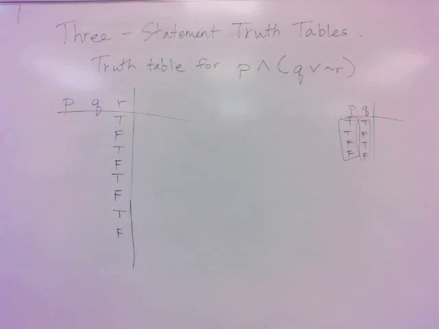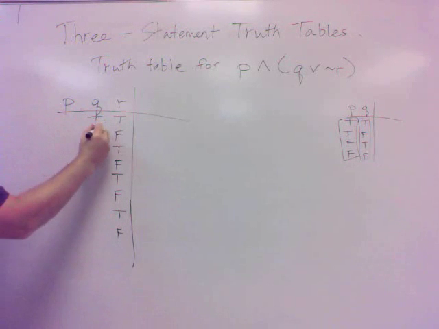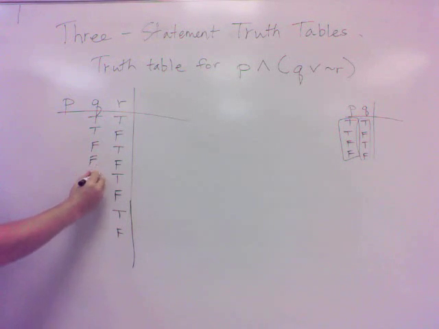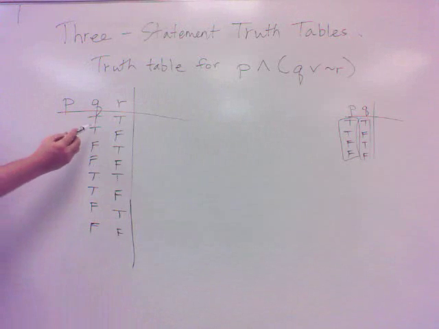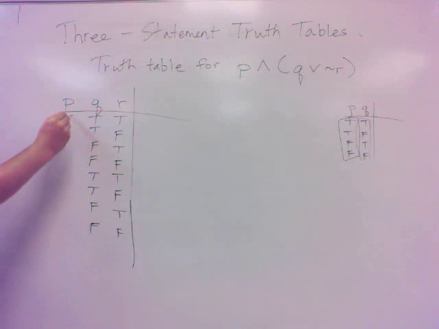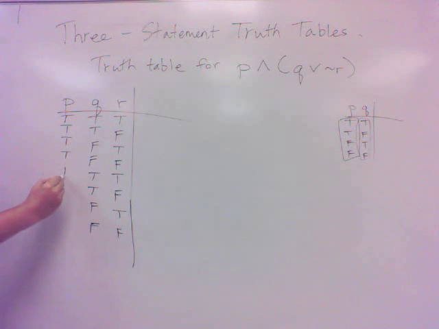Well, I'm going to do that for my Q's over here. 2 trues, 2 falses. Do that pattern. All right, then obviously I don't have a third one over there to go by, but for the third one, I want to do 4 trues and then 4 falses. And it turns out that'll cover all possibilities of true and falses, how those could work.